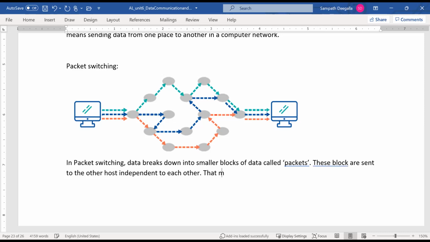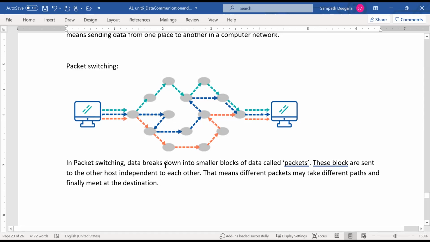That means different packets may take different paths, and finally meet at the destination. Right. I hope you understand.